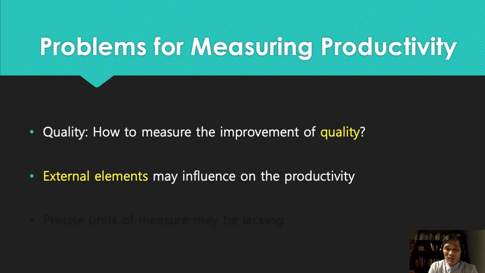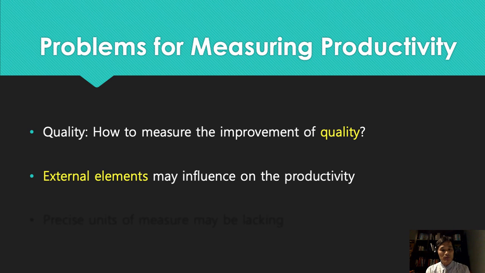Or say people are working, however, the suppliers were not delivering their products or parts to the factory in a timely manner. Then although they have the same labor productivity, they cannot work because of the shortage of parts, which happened in the COVID-19 situation or many other disruptions.